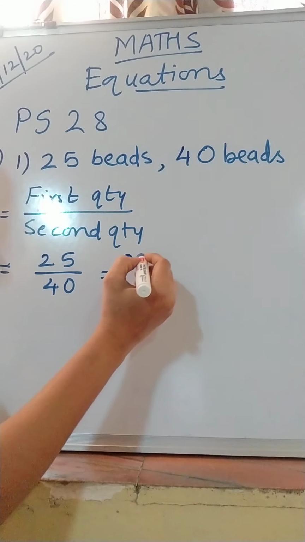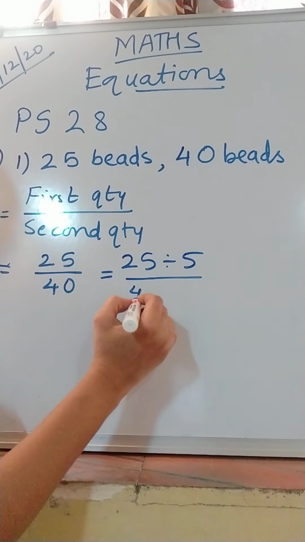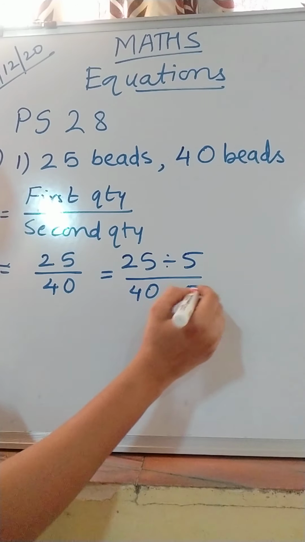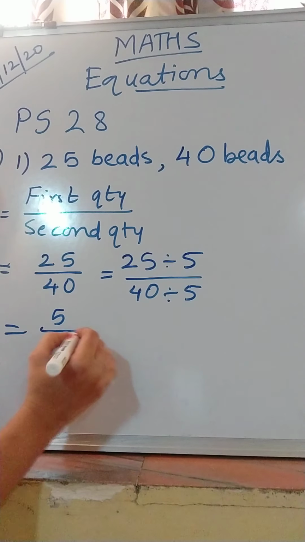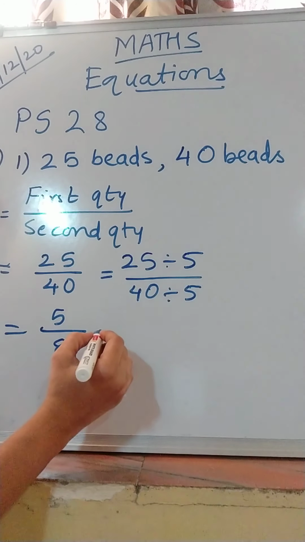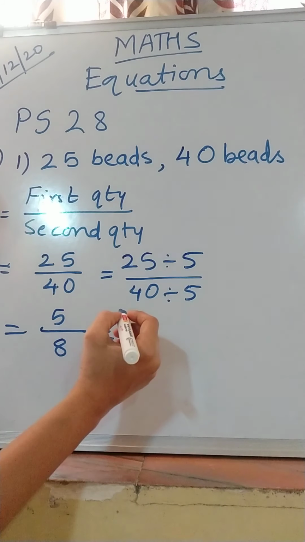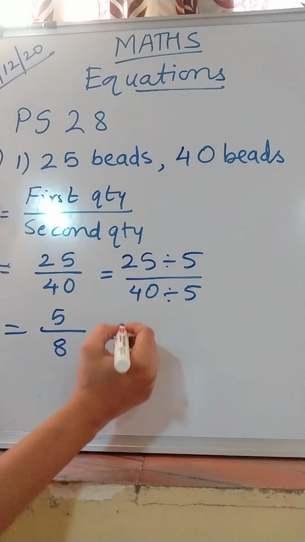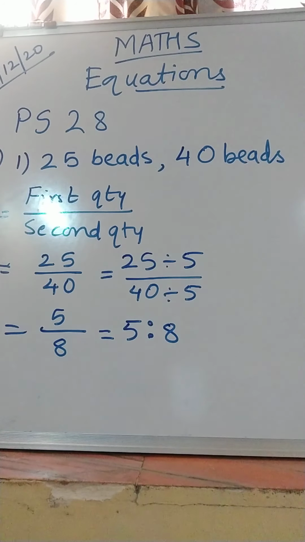So 25 divided by 5 and 40 divided by 5. 25 comes to 5 and 40 comes to 8. So your ratio is 5 upon 8, or 5 is to 8. Okay. Next one.